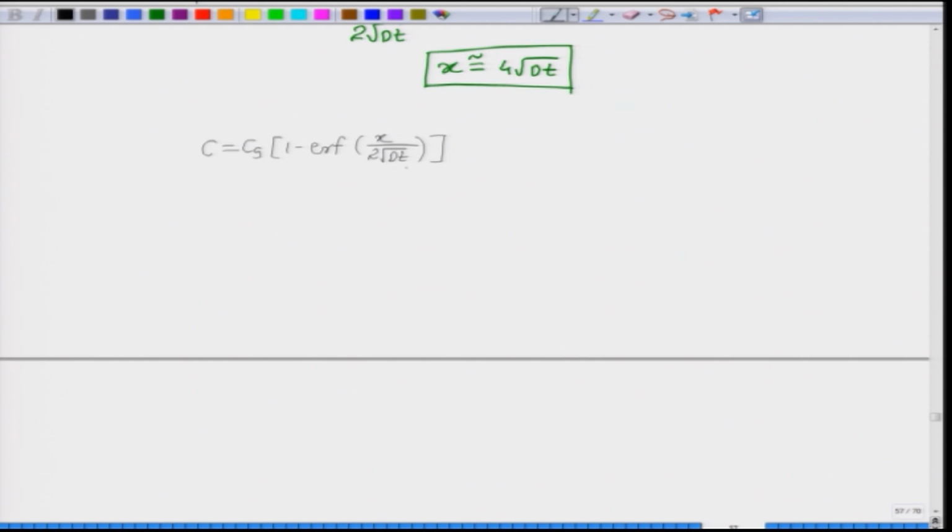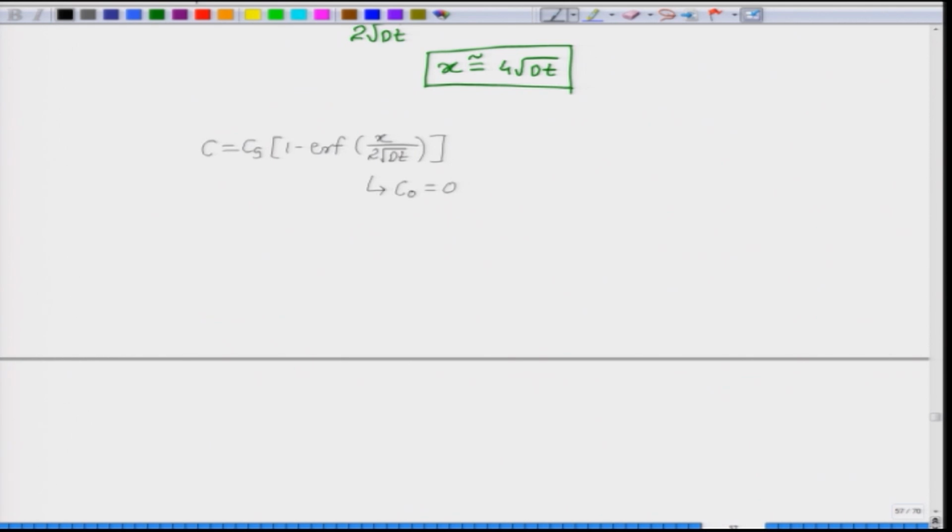Now, we derived this equation assuming that C0 equal to 0, that is, the concentration of the species in the slab to start with was 0. Or when we talk about carburizing, this solution assumes that the initial concentration of the steel that is being carburized is 0.